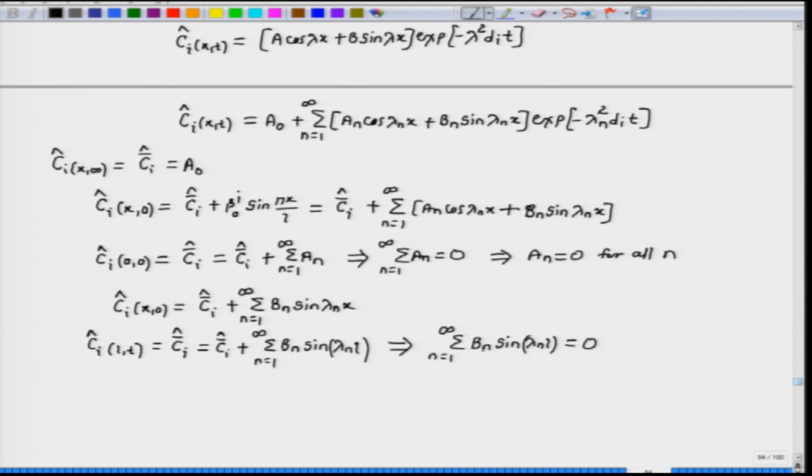So, either all bn's have to be 0, which will yield a trivial solution, or the second term has to be 0. See, this sin term will be 0 when? Yeah. So, whenever λn is equal to nπ by L. So, we have λn is equal to nπ by L.